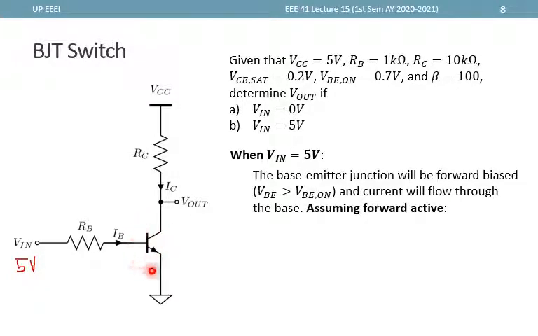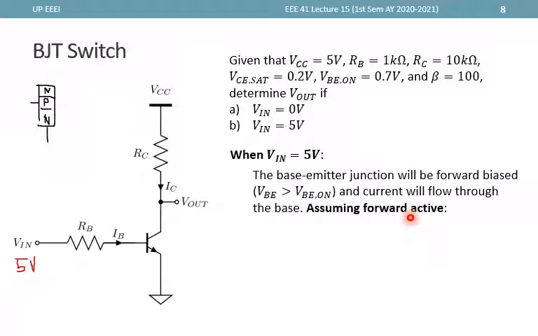Again, this is an NPN BJT, and since this is PN, then most likely with this 5 volts, this junction is forward biased. So the only way to analyze this is to assume forward active or saturation. But let's start with a forward active assumption, just like in our suggested flow.